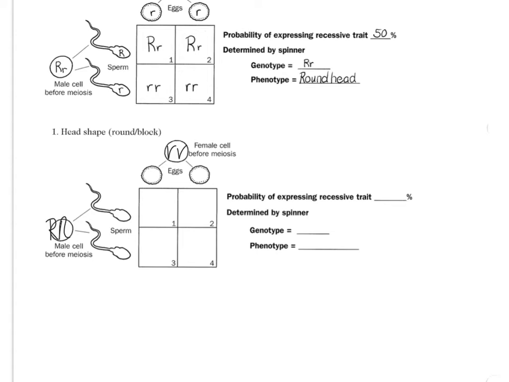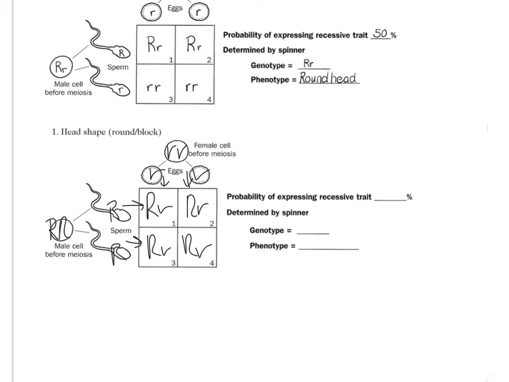And then I'm going to sort the sperm and sort the eggs through meiosis. When I do, I'm going to fill in the Punnett square by bringing the big R's across and little r's down. And it turns out that all 4 of the squares end up heterozygous.